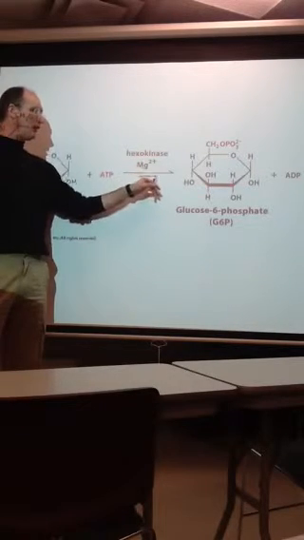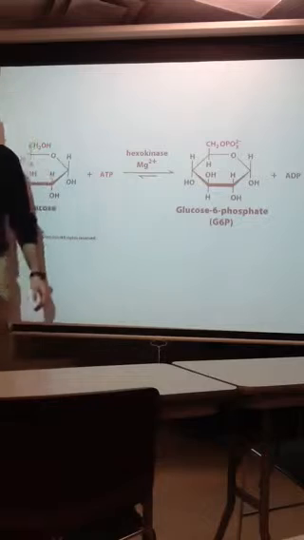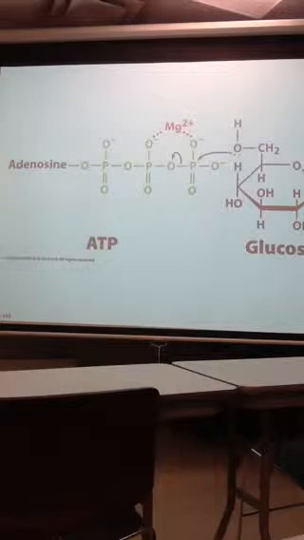These enzymes are often magnesium dependent, right? These kinase reactions often require magnesium as a cofactor, magnesium ions in the solution. Okay? Now, I can show you why we need magnesium, I think, right here.